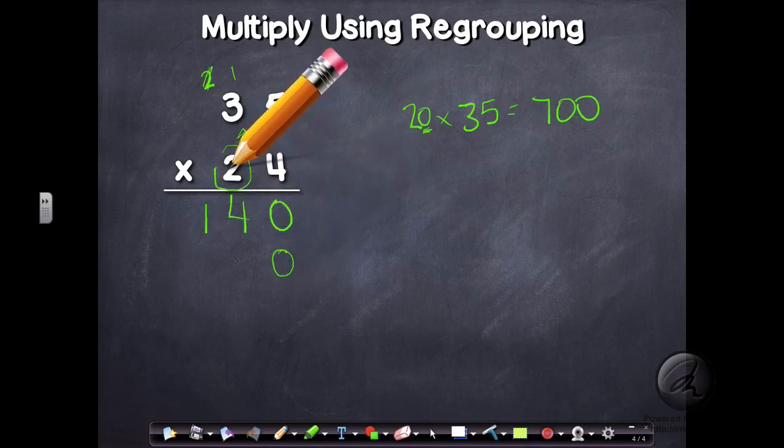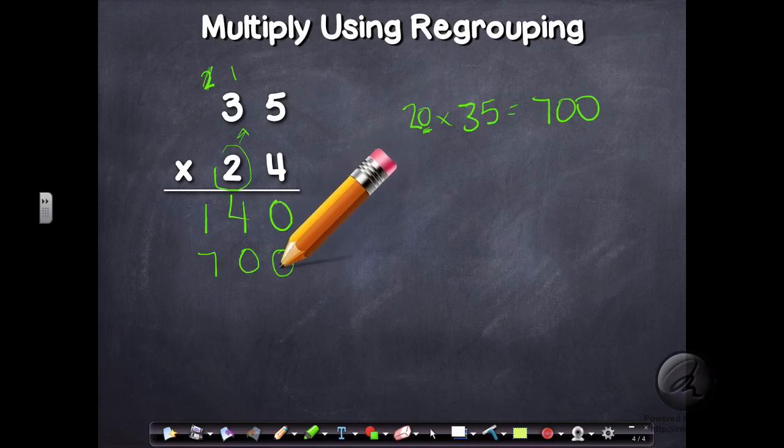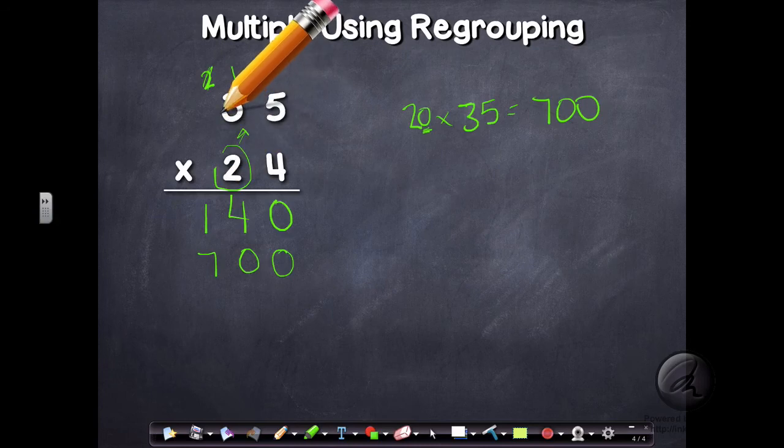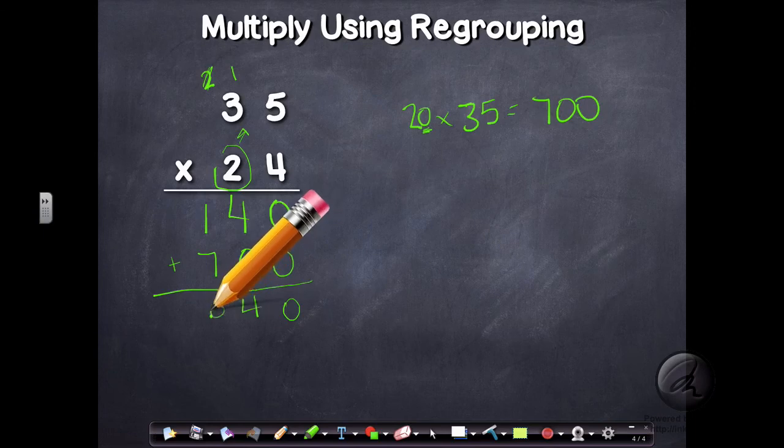So now if I do 2 times 5, 2 times 5 is 10, carry my 1, 2 times 3 is 6, plus 1 more is 7. Since I already had that 0 in there as a placeholder, it's okay now to just do 2 times 5 and 2 times 3. And I will get the correct partial product down here. So now I can add these two numbers up. 0, 4, and 1 plus 7 is 8, and I will get my answer.